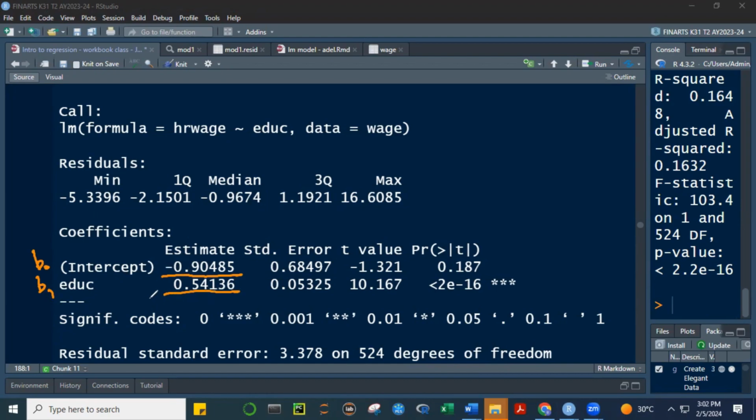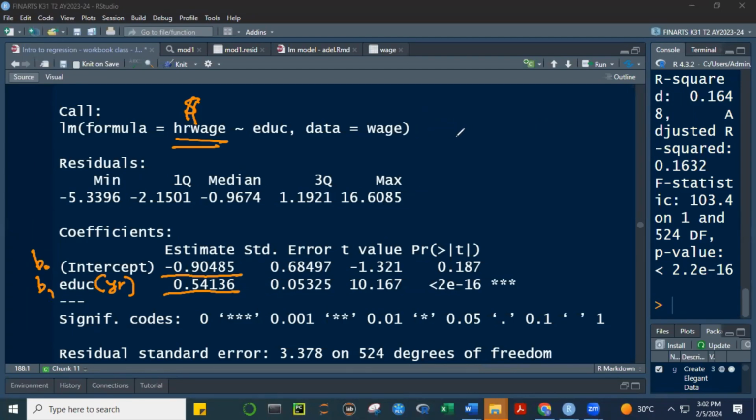It means that for every 1 year increase in education, because the dimension of education is in years, it will lead to, our dependent variable being hourly wage, which is in dollars, a 0.54 increase in hourly wage, ceteris paribus. And the intercept is the value of your hourly wage when all your predictors are 0.